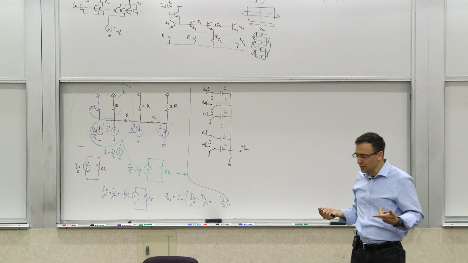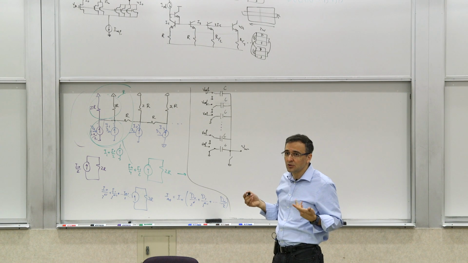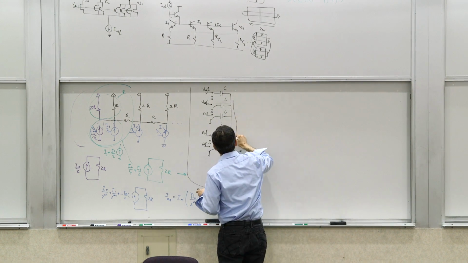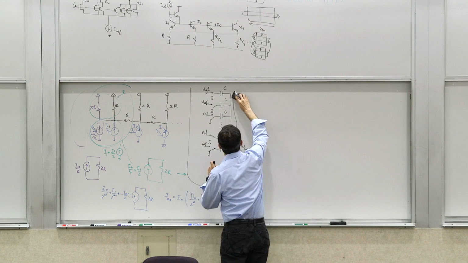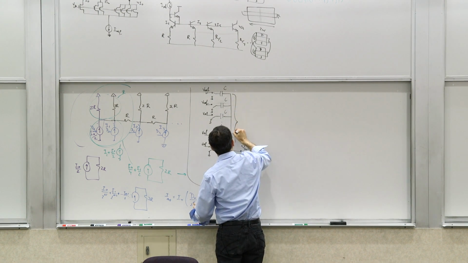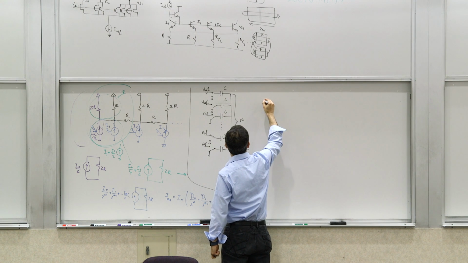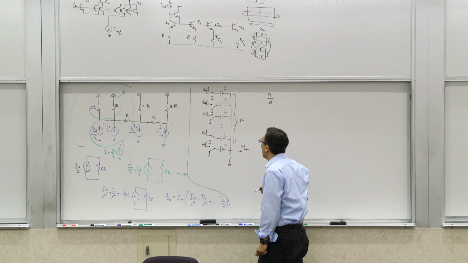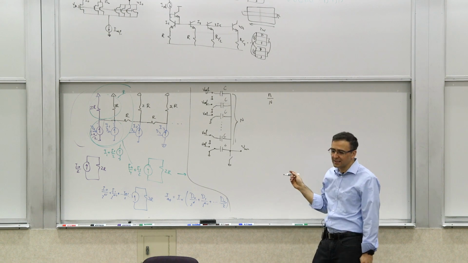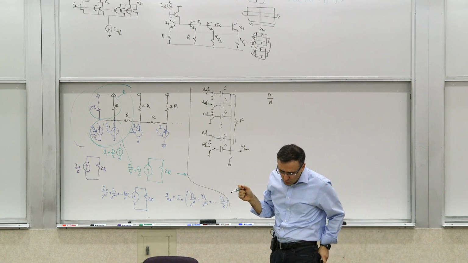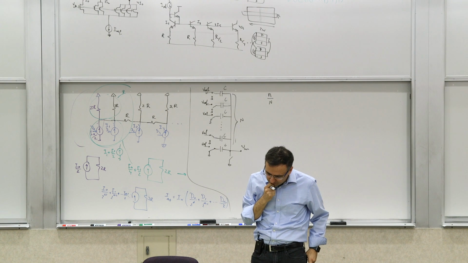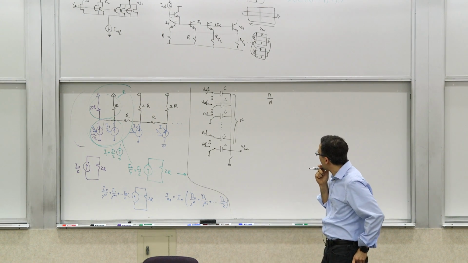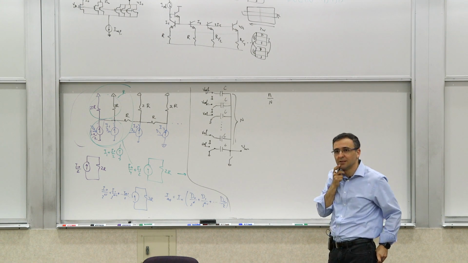Now imagine that there's a total of capital N capacitors. Let's say you connect lowercase n out of the N of them to the reference, and connect the other ones to ground.